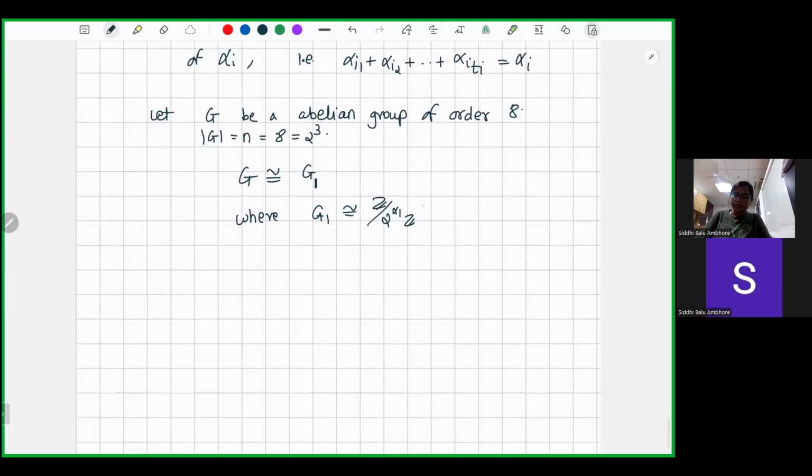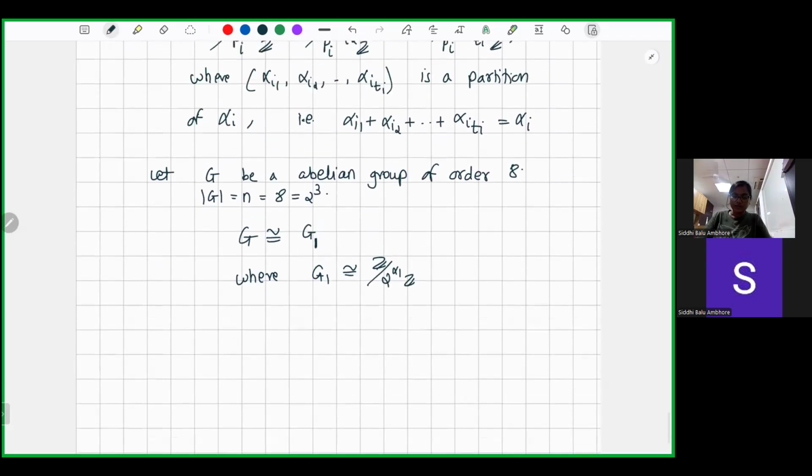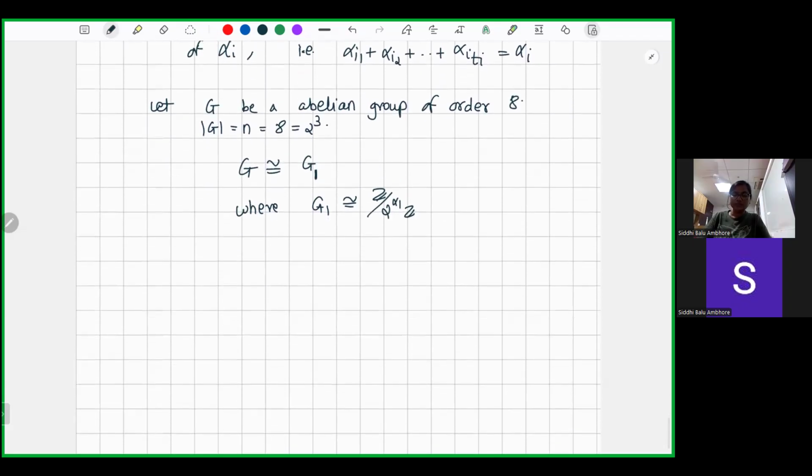Alpha 1 is just alpha here, where alpha 1 plus up to alpha t must be equal to 3, the exponent here.